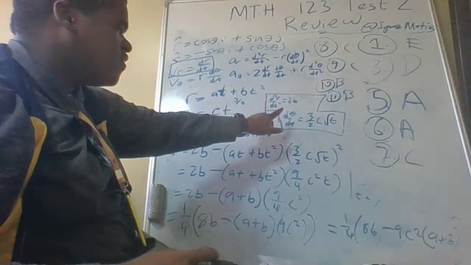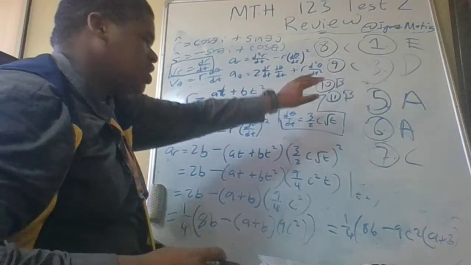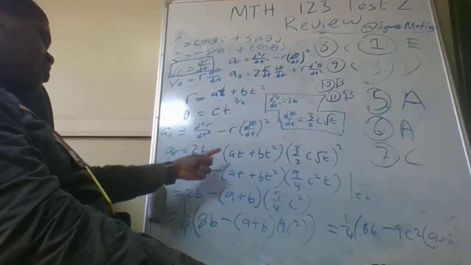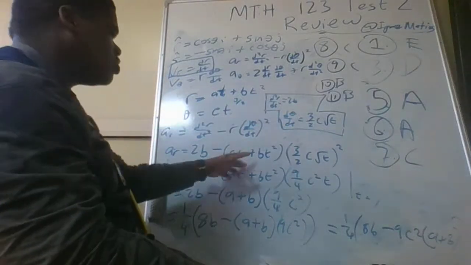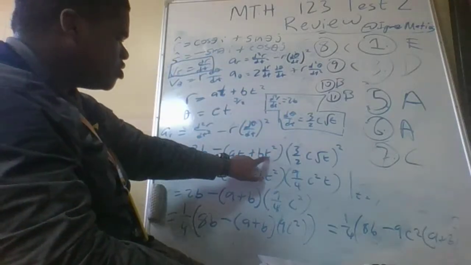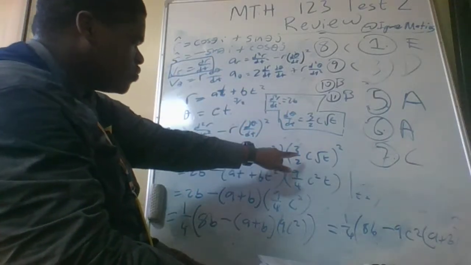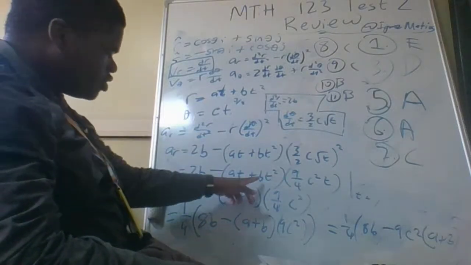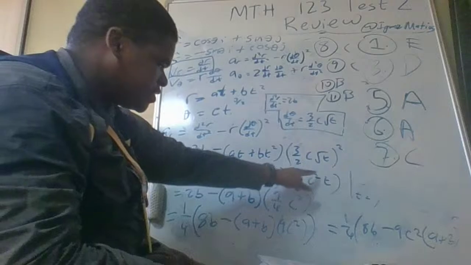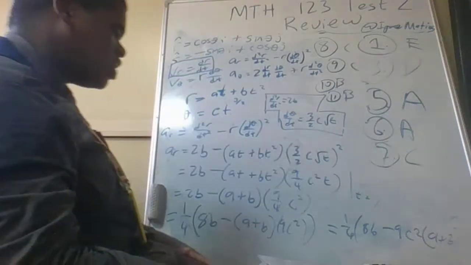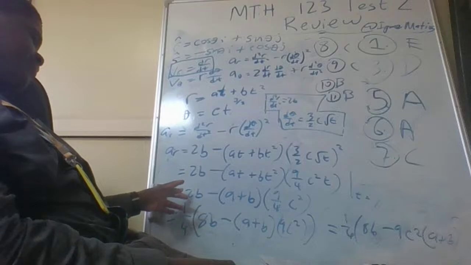The first derivative of theta with respect to time is equal to (3/(2c))√t. If you plug that in, you're going to have 2b minus (at + bt²), where at + bt² comes from our radius, times (3/(2c))√t all squared. That gives 2b minus (at + bt²) times 9/(4c²)t, and I've already put the square in the bracket, so that will be 9/(4c²)t.